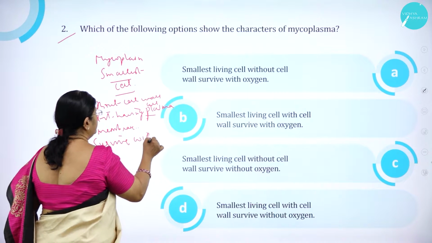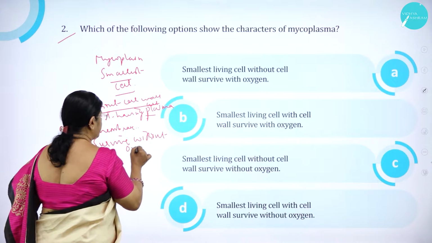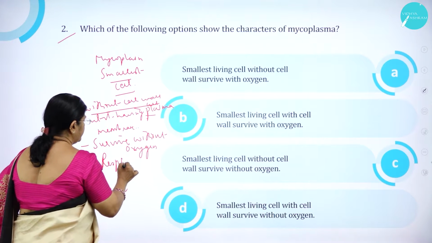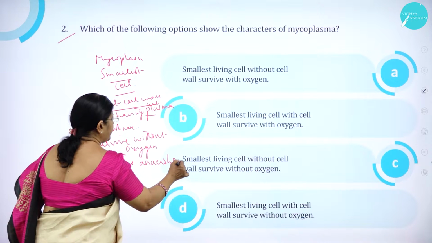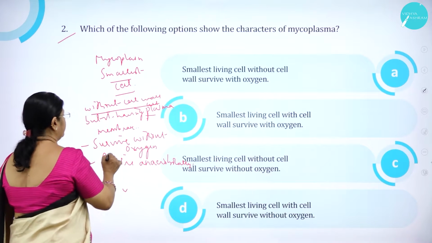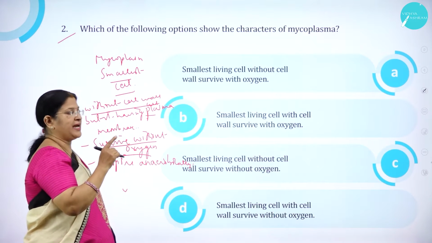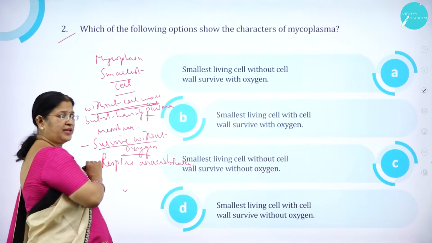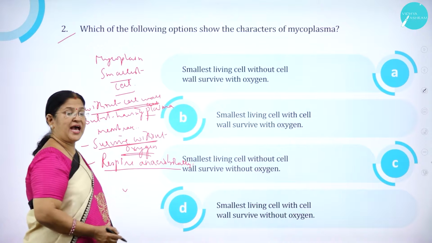Survive without cell wall, without oxygen, and respire anaerobically. So, which of the following options show the characters of mycoplasma? Mycoplasma is the smallest cell without cell wall and survive without oxygen and respire what?